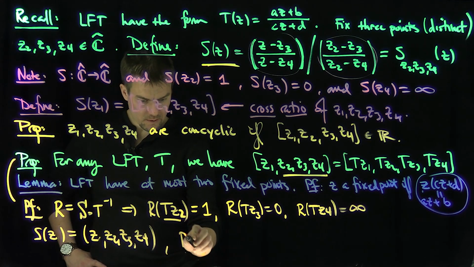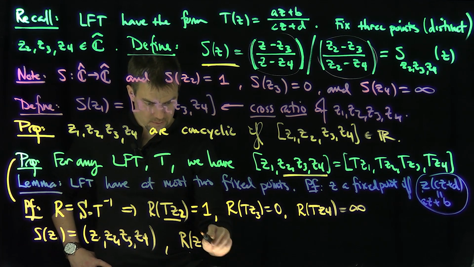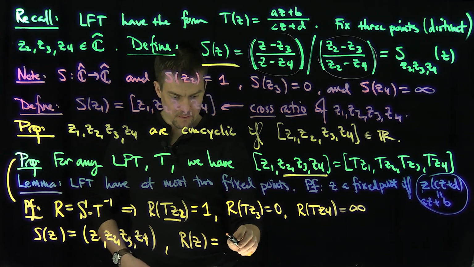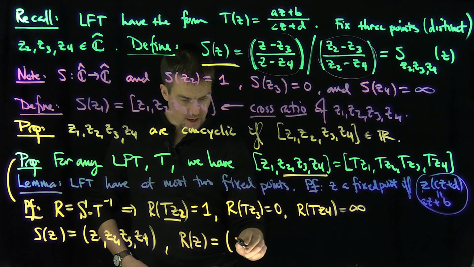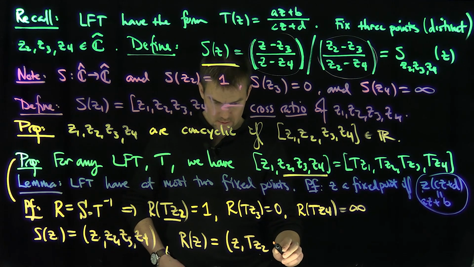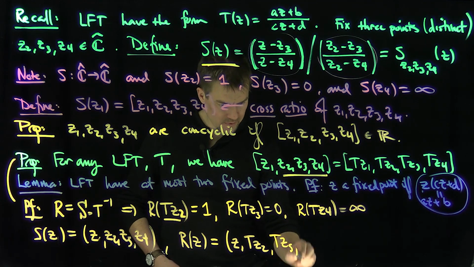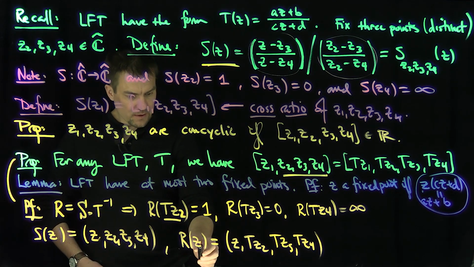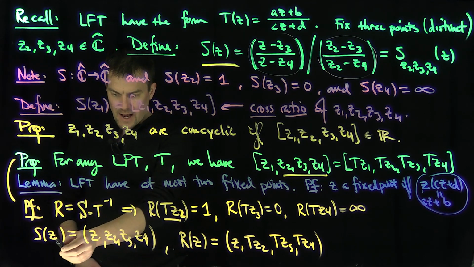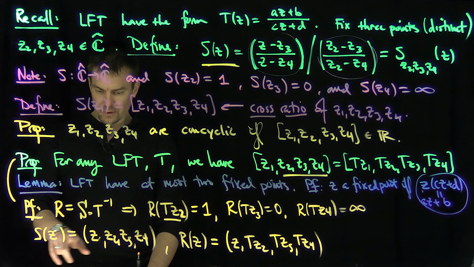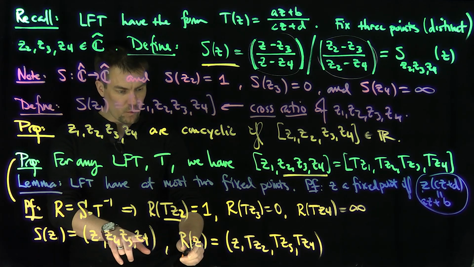So R of Z is going to be just a Z and then a T Z2, T Z3, T Z4, like so. And now if I plug in T of Z1 into this formula, that'll be the same as S of T Z1, right? So that shows me, if I plug T Z1 into both these things, that will give me this expression over here, and that will mean the same thing.